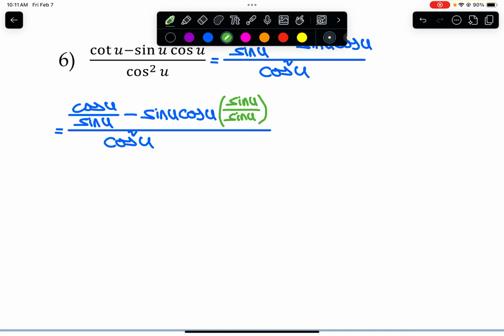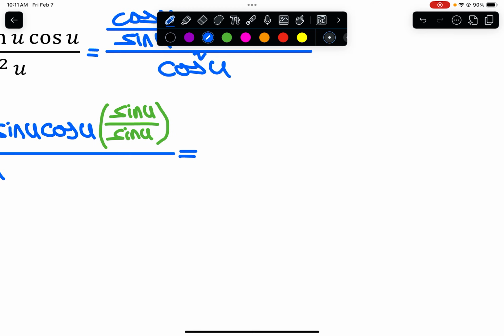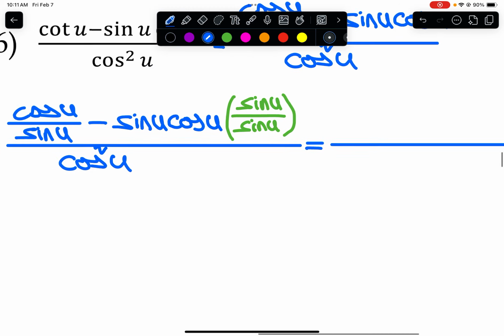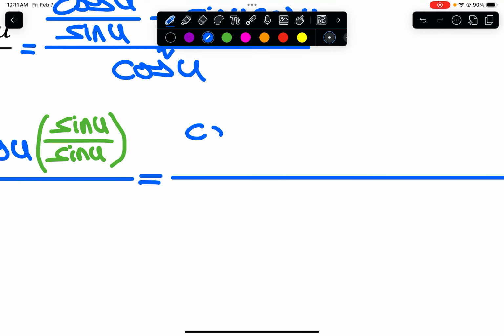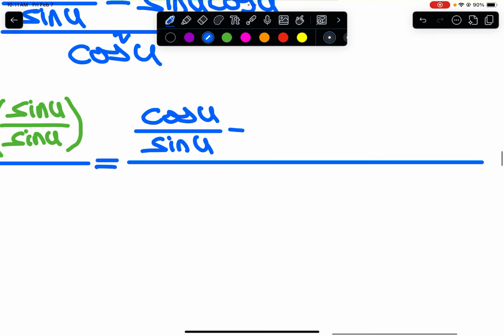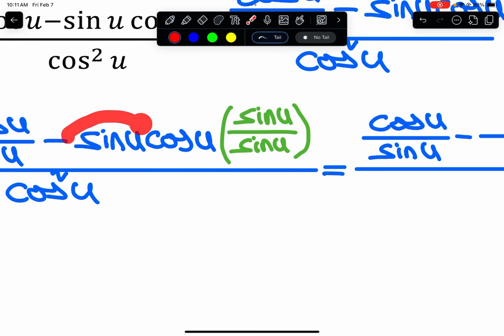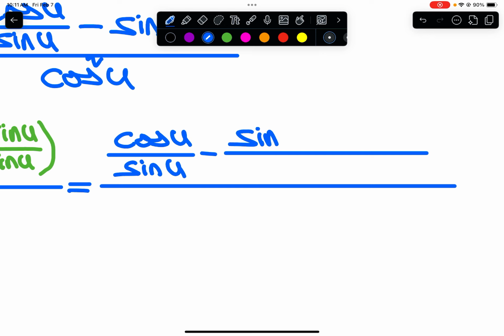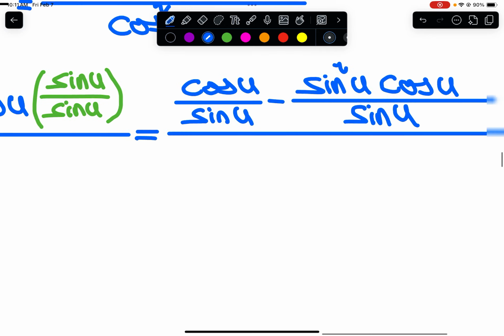I'm going to leave that first part alone. So we're still going to have cosine u over sine u. And then this is going to be minus. So when I multiply over here, sine u and sine u is going to turn to sine squared u. And then we're going to leave the cosine u alone. So we're going to have sine squared u times cosine u over sine u. Then all over cosine squared u.